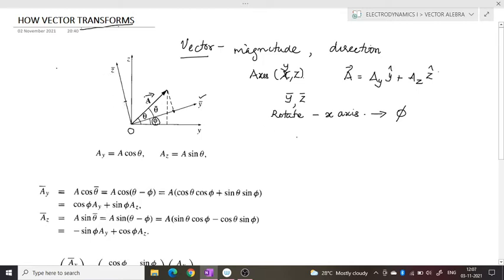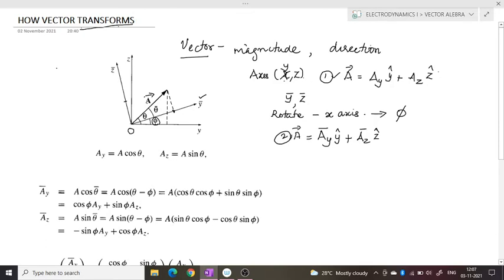Okay, so we have another definition of vector A, that is equal to Ay dash along y dash axis plus Az dash along z dash direction. So these are the two representations of the same vector in two different coordinate systems.